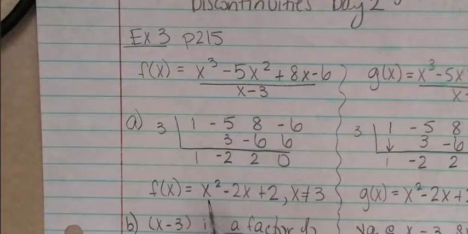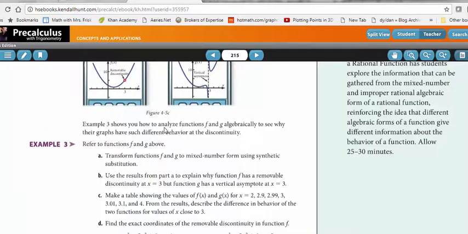So I'm going to plug 3 into this. Now I know that it can't actually exist, but I can see from this graph that it's approaching from both the left and the right. It's approaching some output. And if I plug 3 in, I'll figure out what that output would be. Okay?